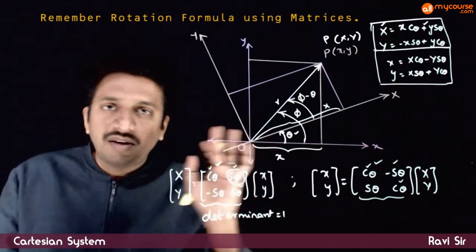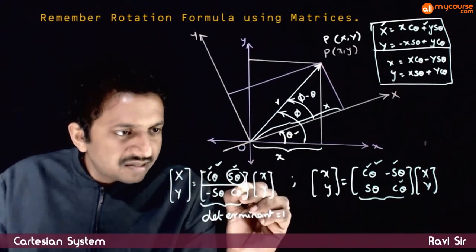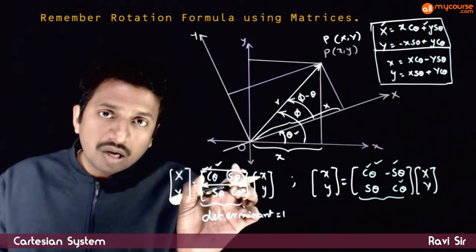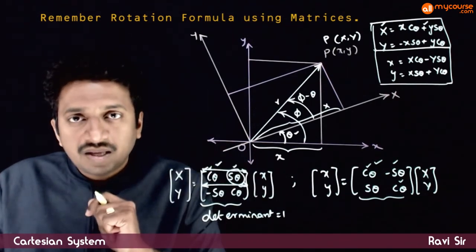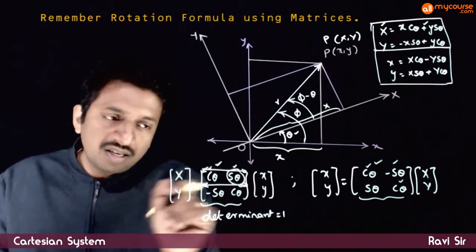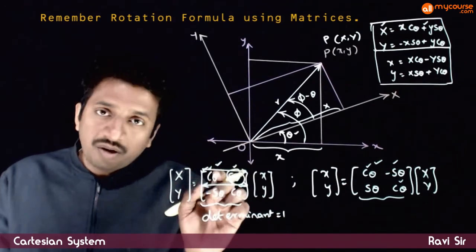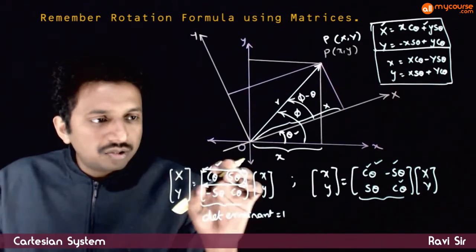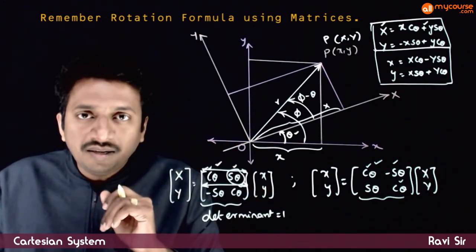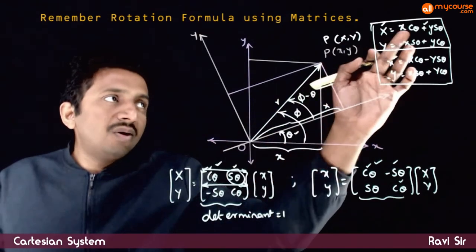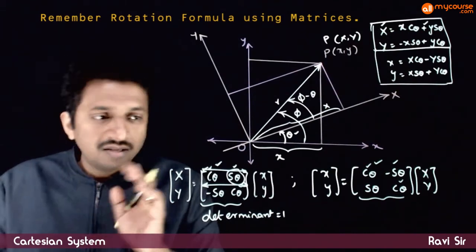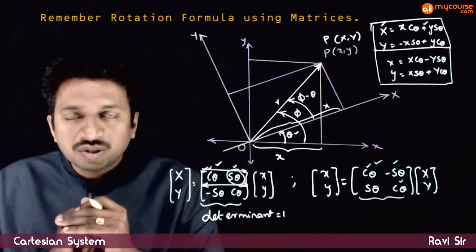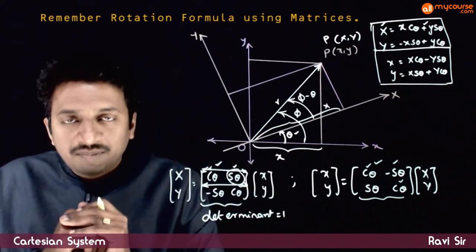If you have minus here, you have to have plus here. So if you just remember that capital X should have both cos and sin as positive, and the matrix should always be such that the determinant is equal to 1, you won't write the wrong sign, because you want cos square theta plus sin square theta. So the plus minus always occurs with sin theta, and capital X has both terms as plus. If you remember this much, you can write the equations corresponding to capital X, capital Y, and small x, small y.